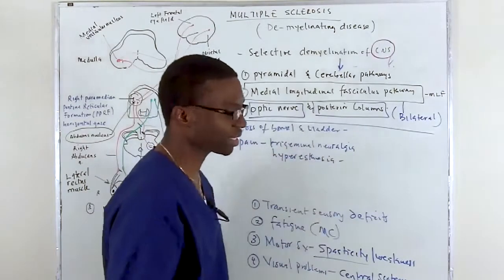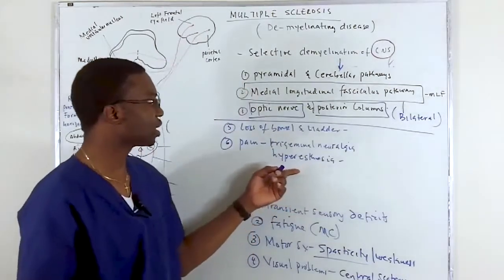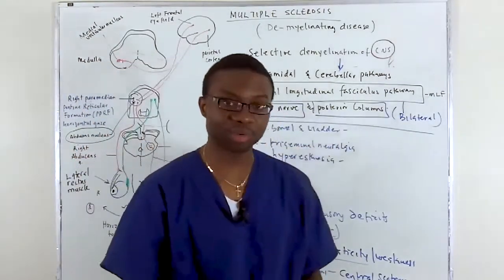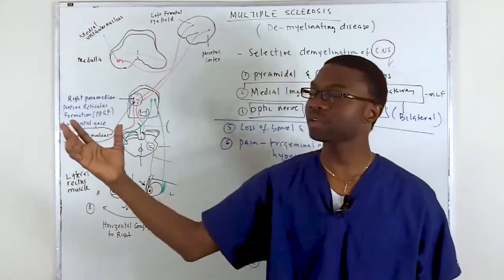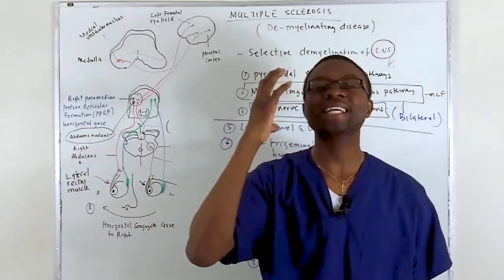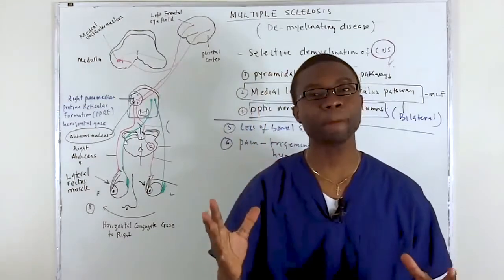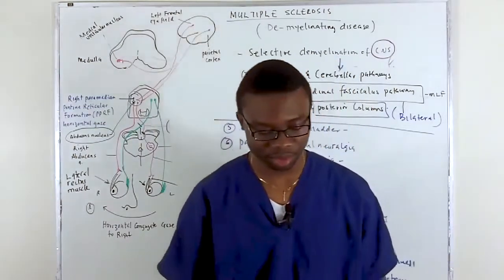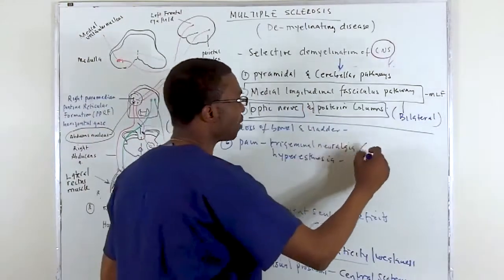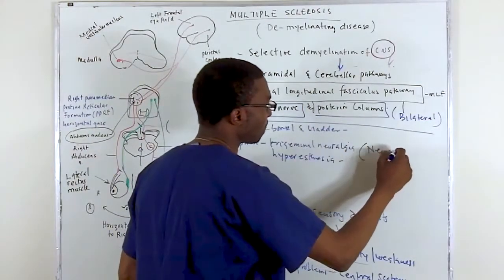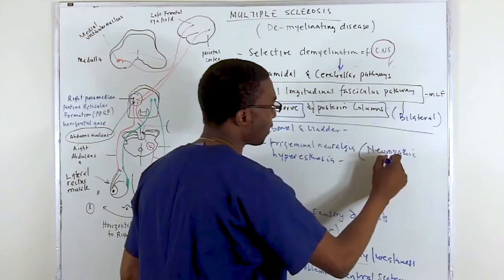They're extremely sensitive to pain and to touch. When somebody has trigeminal neuralgia, a light touch to their face, or even a wind blowing on their face, causes excruciating burning pain. That is trigeminal neuralgia, and this is neuropathic pain, because it's a nerve pain.